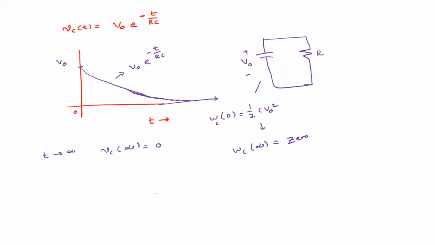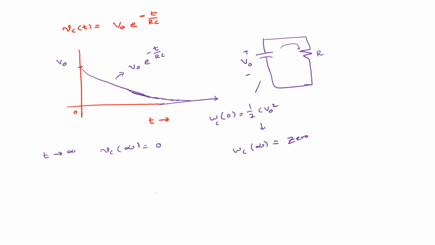It is lost as heat in the resistor. Whatever energy was stored in the capacitor is transferred to the resistor and dissipated as heat, or converted into some useful work in the resistor circuit, or generally just wasted, right?